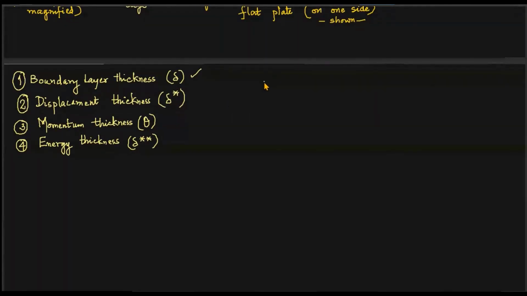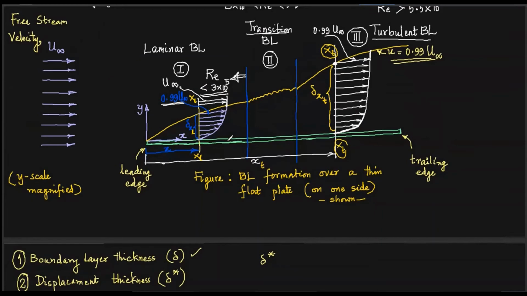Let me tell you, delta star, this is actually because of the boundary layer formation, there will be a reduction in velocity. So we know that because of the reduction in velocity, the mass flow rate will be reduced. So mass flow rate through the boundary layer will be reduced, because had it been flowing with the free stream velocity u infinity, there would not have been any loss. So in the presence of the plate, only because the plate is over there, the velocity is getting modified and the boundary layer is formed and all these phenomena occur.